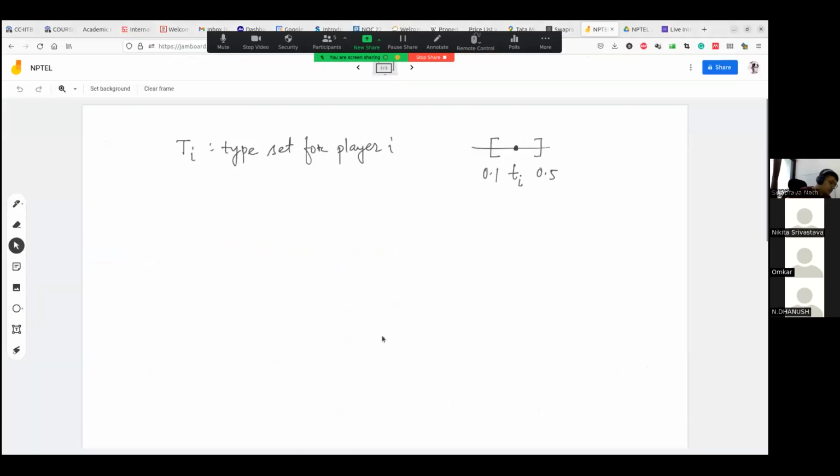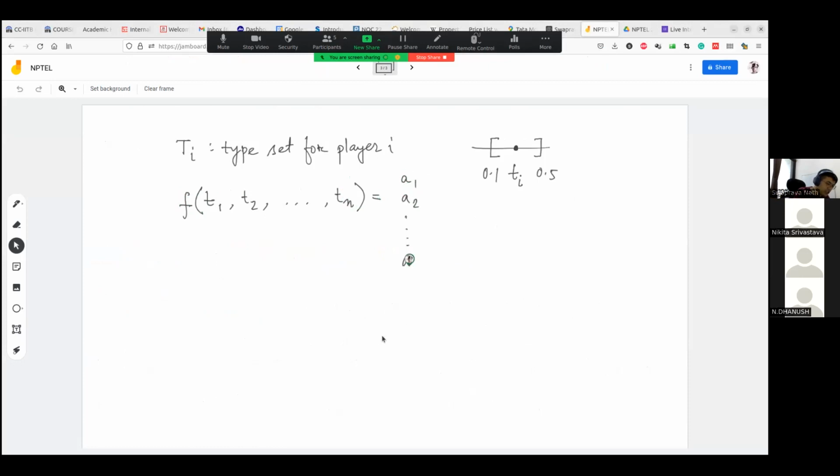So if you collect together all these t1, t2, up to tn, the types reported by these different agents, and you apply f on that, what you essentially get is a vector, let's say a1, a2, up to an.